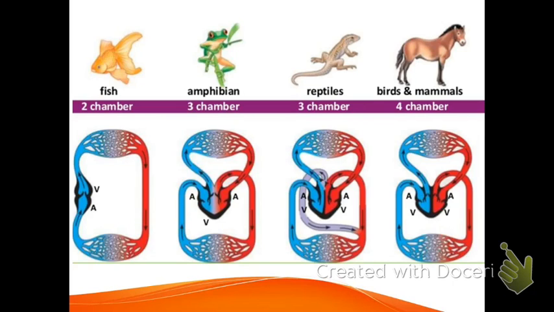So by that we mean we have two circuits, or two laps. So we have lap 1, where it goes from the heart. Let me write it here. Lap 1, heart to the lungs, back to the heart. Hopefully you can see that.